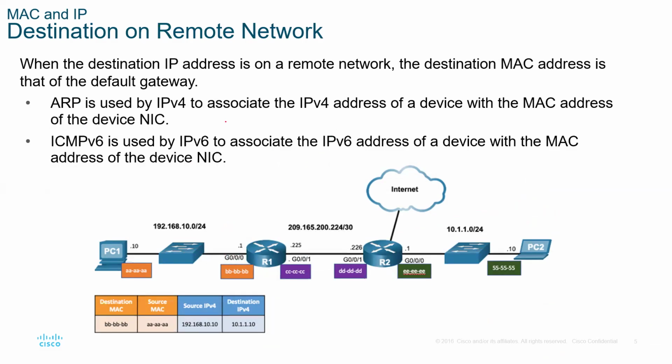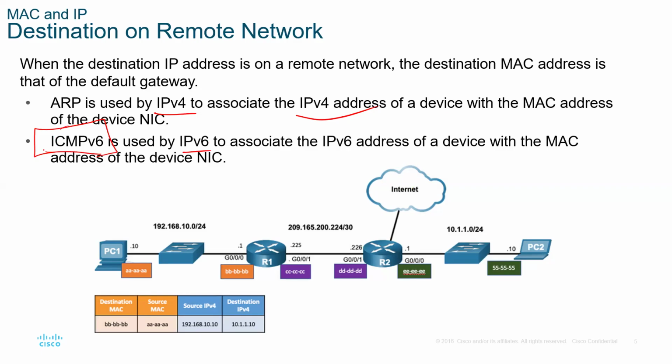We'll pass through that. ARP is used by IPv4 to associate IPv4 addresses with MAC addresses. Then with IPv6, we have another protocol being used. That protocol, ICMP version 6, is being used to associate the IPv6 address of a device with the MAC address of the device.